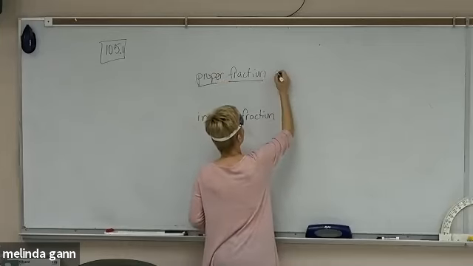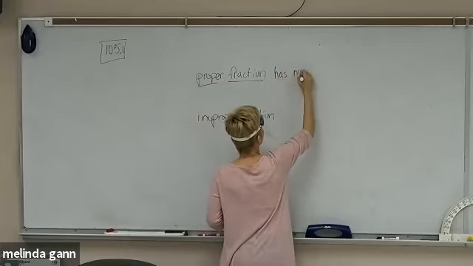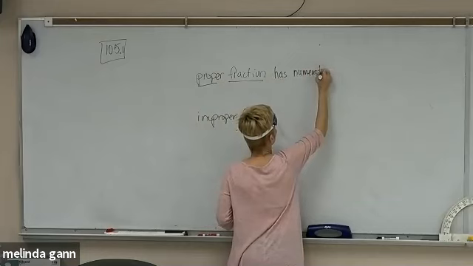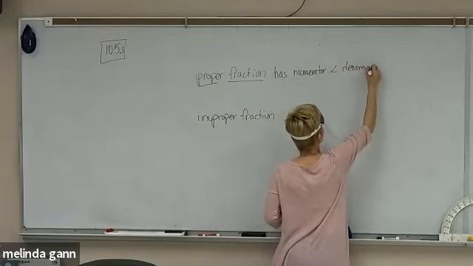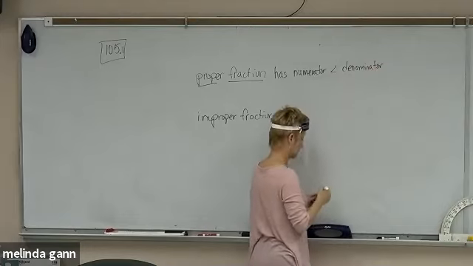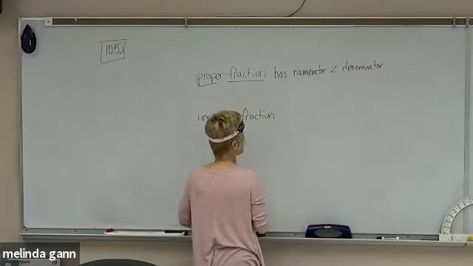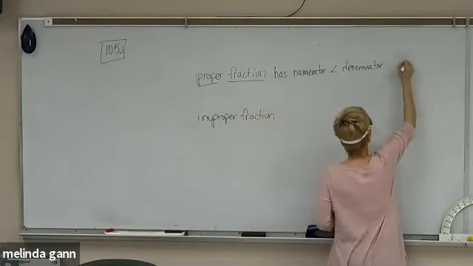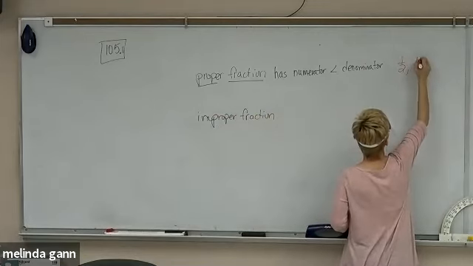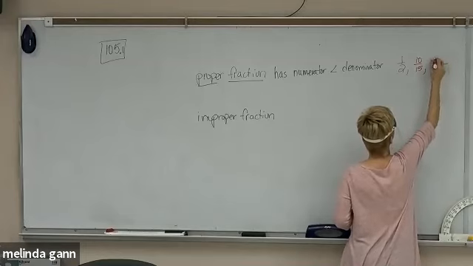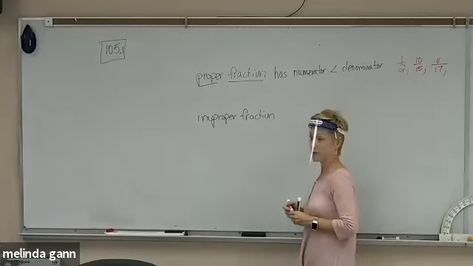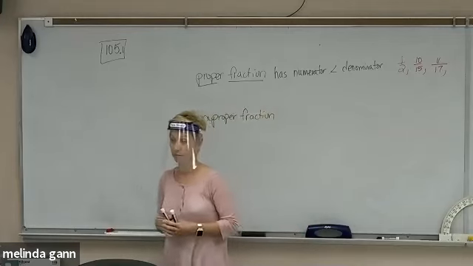A proper fraction has the numerator less than the denominator. So that would be things like 1/2 and 10/15 and 11/17. That top number is smaller than that bottom number. That's what it needs to be proper.